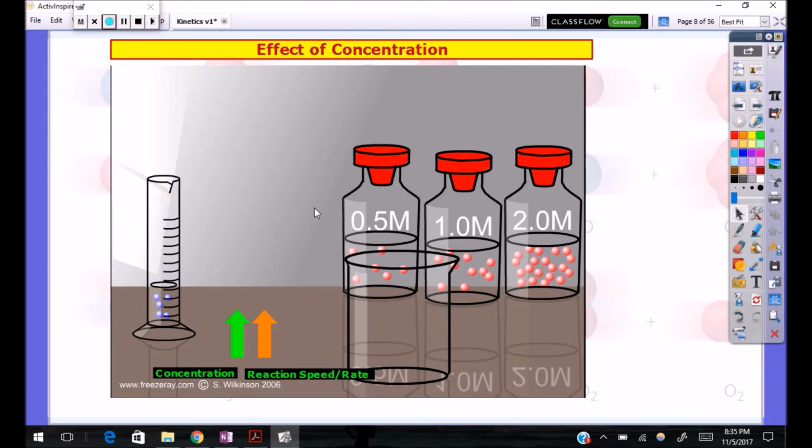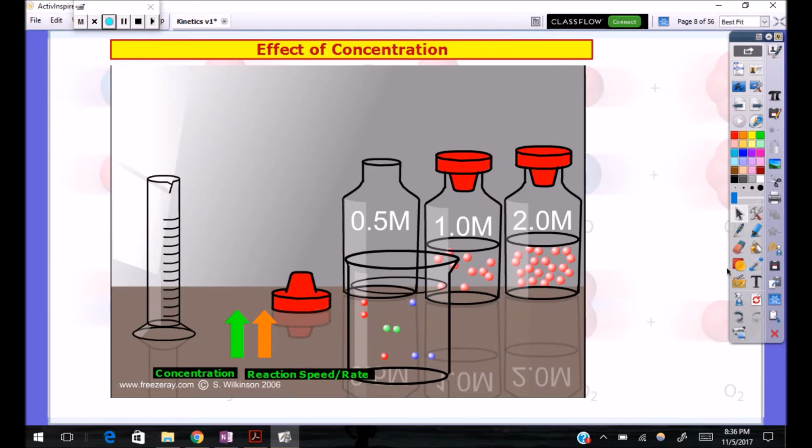If you had to guess, how might concentration affect the rate of your reaction? This is a good question that relates to our kinetic molecular theory. If we were to throw 0.5 molar in here, let's see what happens.